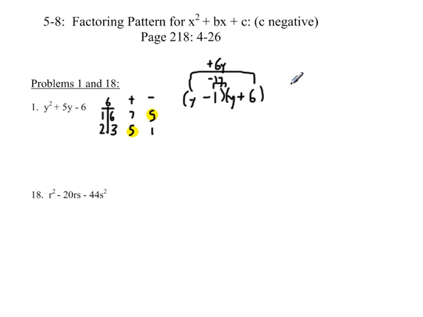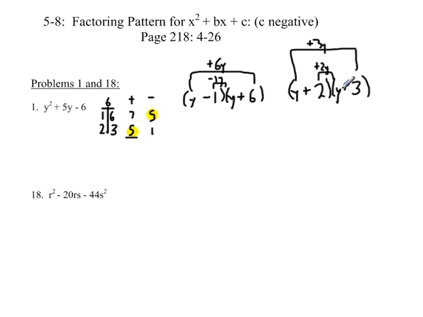Now the other option, using 2 and 3, let's go ahead and put the y's in. And we're looking at this possibility now. You've got a 2y for your inner terms, and your outer terms are 3y. Now your middle term is positive, so both of these would need to be pluses.